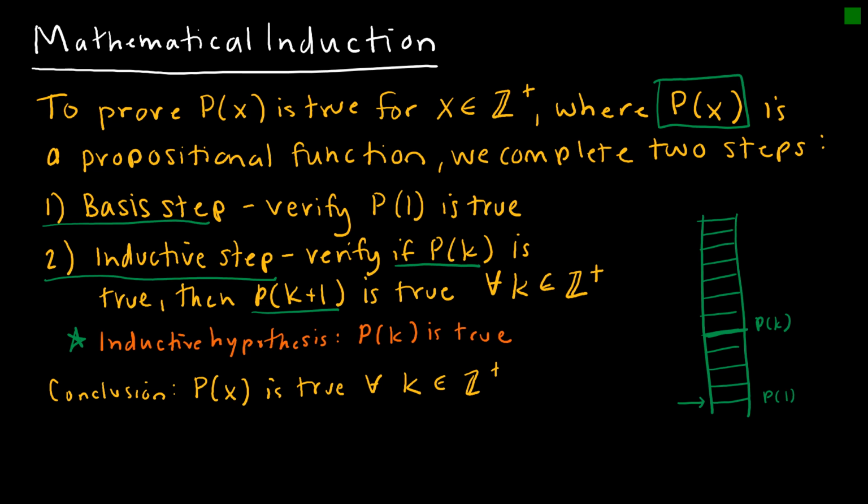If I can prove that if I can get to this rung of the ladder, then I can get to this rung, which is P of k plus 1, then essentially what I've proved is that the statement is true for all k's. Because if I can get to the first, which I proved in the basis step, then I can get to the second. And if I can get to the second, then I can get to the third, and then the fourth. And you get the idea. This will go on forever and ever. So this is the idea behind mathematical induction.